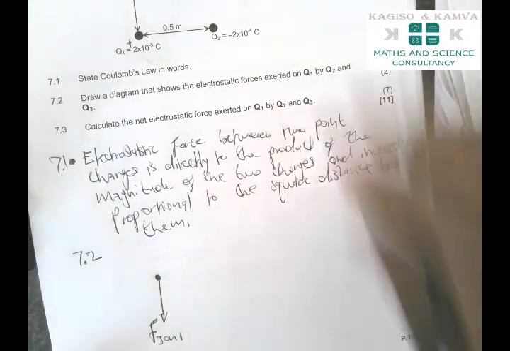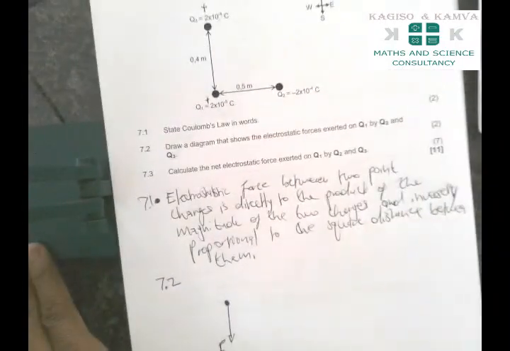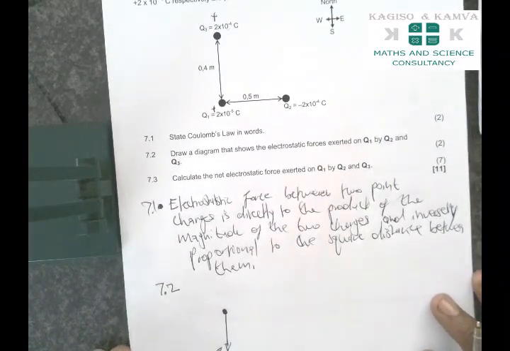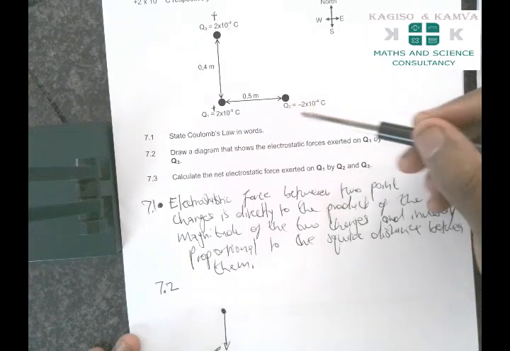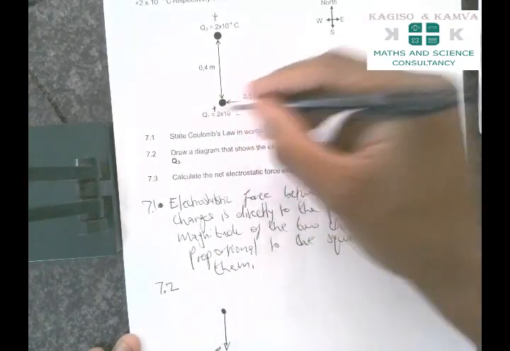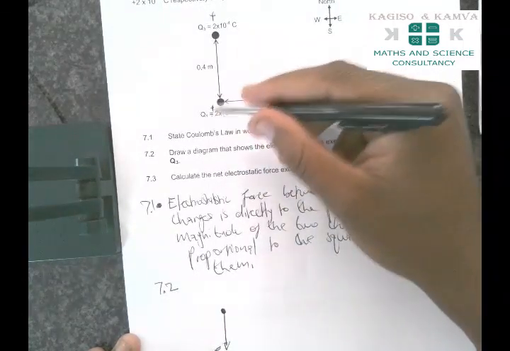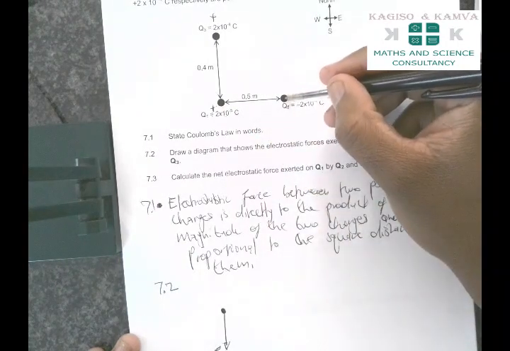Now, what direction will Q1 take as a result of the presence of Q2 there? This one is negative and this one is positive. What type of force is going to exist between the two? Attraction. So Q1 is going to move towards Q2.